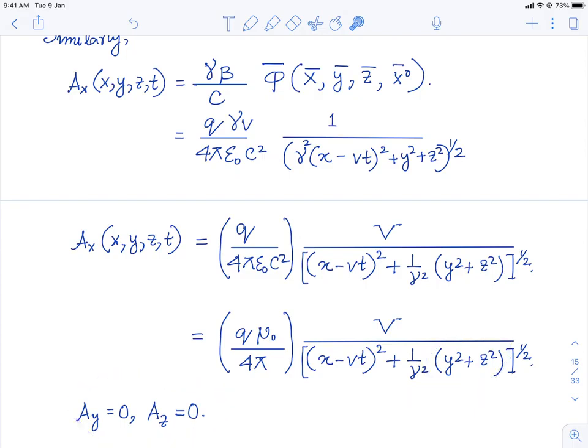So that is your Liénard-Wiechert potential for the moving charge, or the potential for a charge moving with constant velocity. It's not moving with arbitrary velocity, but with constant velocity, and this should be your Liénard-Wiechert potential.